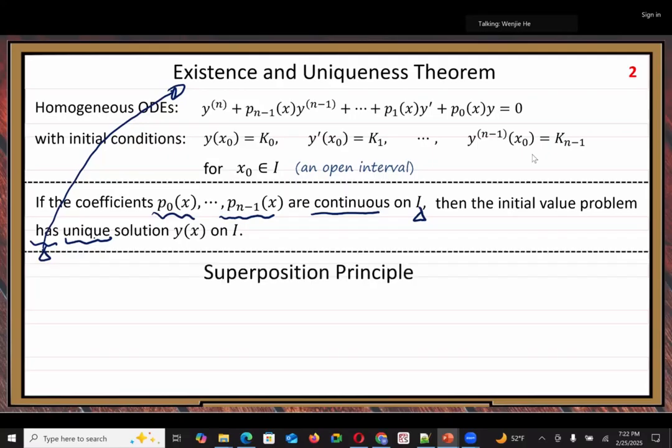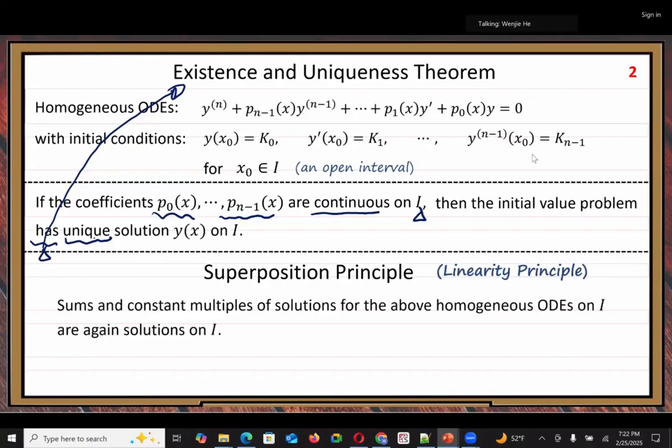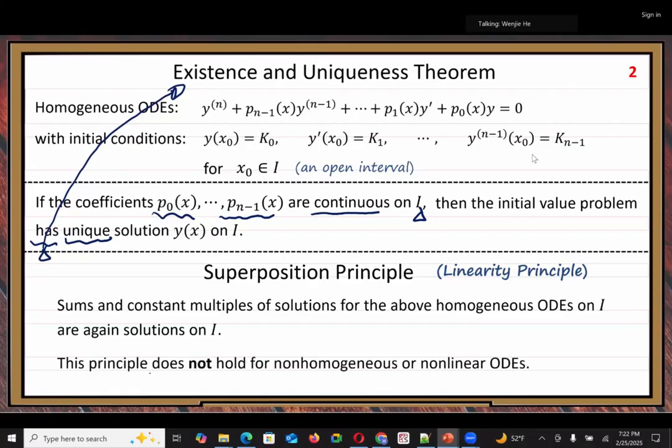That's the first result, the generalization of the second order result. Then the superposition principle, that's easy to see. The superposition, linear combination, the linearity principle also: sums and constant multiples of solutions for the above homogeneous ODE are again solutions on I. But this principle does not hold for non-homogeneous or non-linear ODEs.